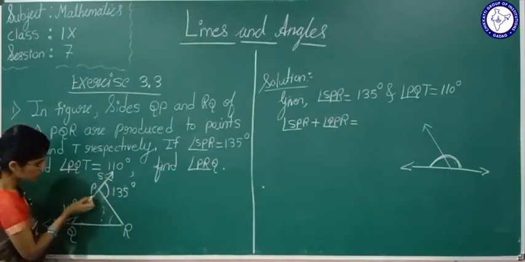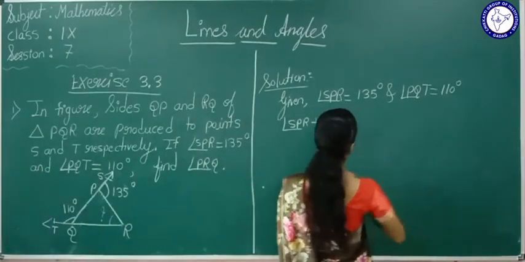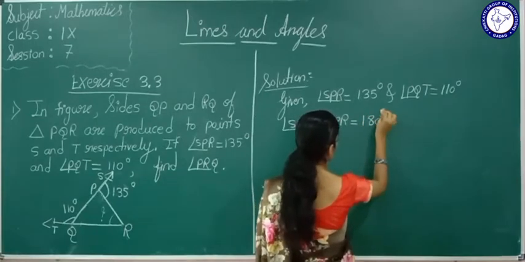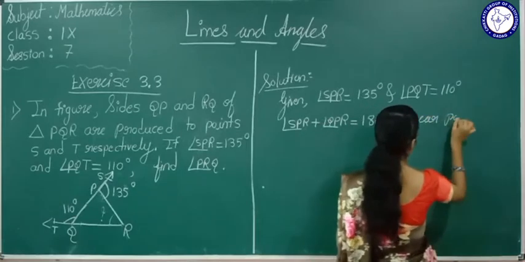Here the sum of two angles will form 180 degree. So what can we tell here? 180 degree. What is the reason? Linear pair of angles.